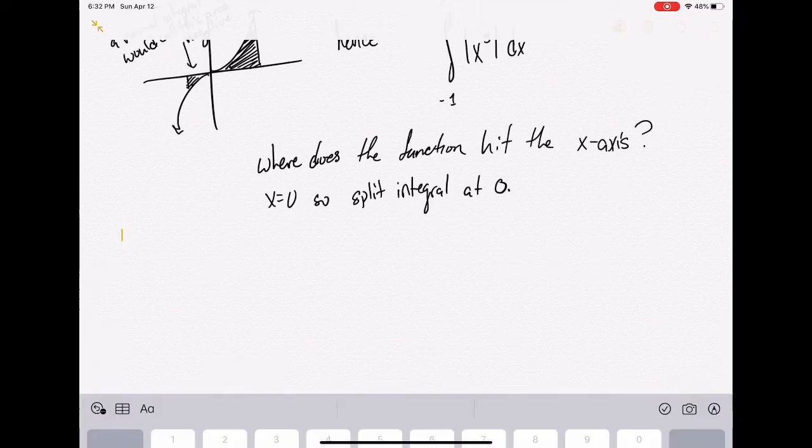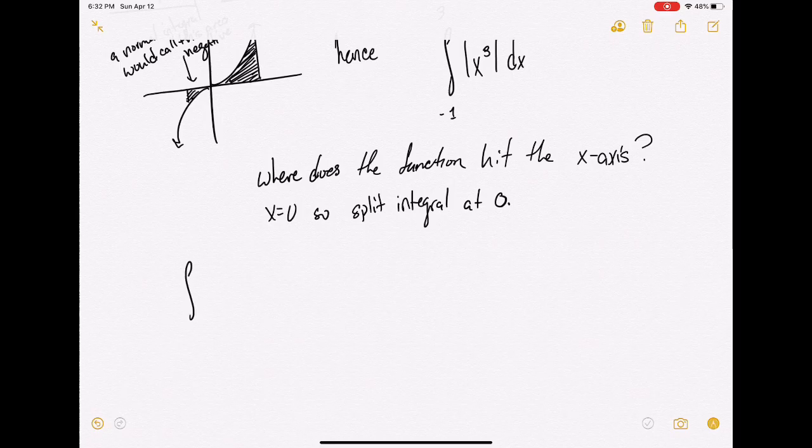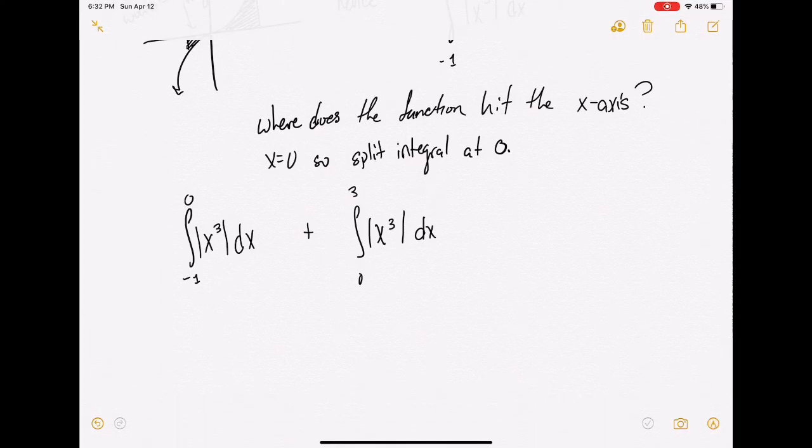And we split the integral at 0, it gives us integral -1 to 0 of x cubed dx plus integral 0 to 3 of x cubed, these are still an absolute value, dx. But what's special here is that x cubed is always negative here, and x cubed is always positive here.